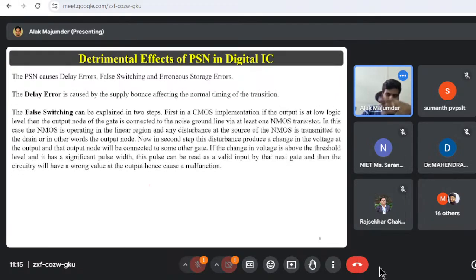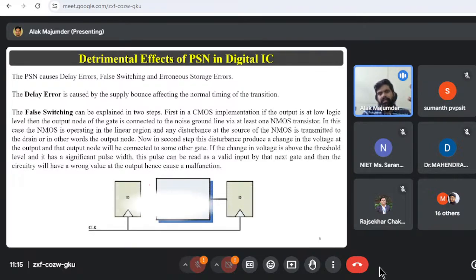Why this supply noise is so important, I also discussed in the previous section. Now let's talk about this particular example. Consider this is a D flip-flop or D latch. Here you have another D latch, and for example some gate-based logic circuits over here.